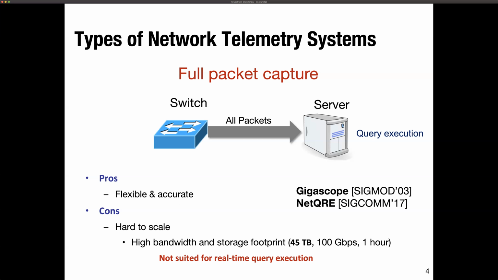NetQRE is a system that was developed by folks at UPenn around 2017. The key idea there was supporting regular expressions on the network traffic. The system was very powerful and flexible in terms of what type of operations you can do. But the scalability challenges were limiting the system in terms of scale. You cannot, say, run this type of system for a 40 or 100 Gbps link, right?